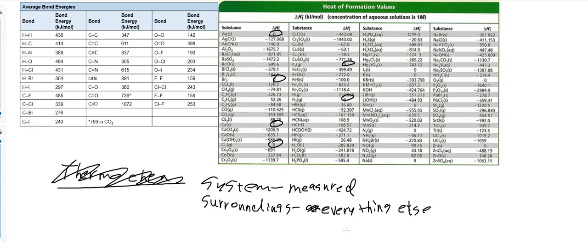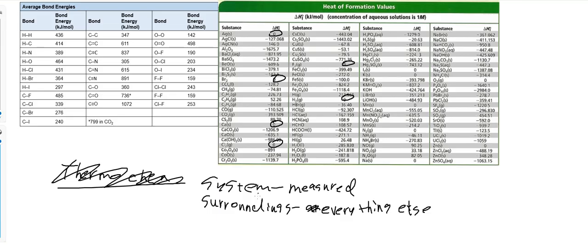Together, these two make up the universe. However, often in chemistry, the system is actually just discrete ions, which cannot be measured. You can't stick a thermometer inside an atom, it doesn't work.